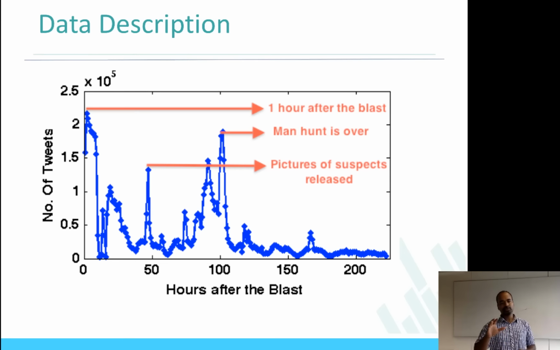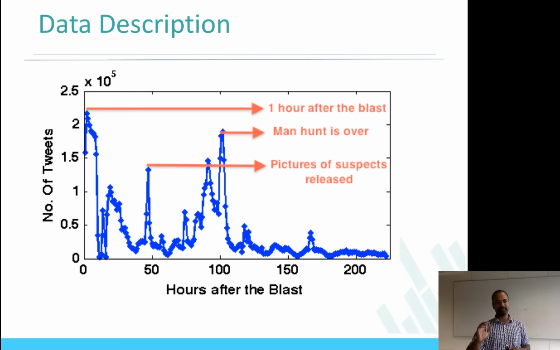Here I'm showing you a graph where the x-axis is the hours after the blast and the y-axis is the number of tweets. The crux of this slide is to show you that the spikes that happen on social media are very, very connected or correlated to the events that happen in the real world. For example, here the first spike happened 1 hour after the blast.